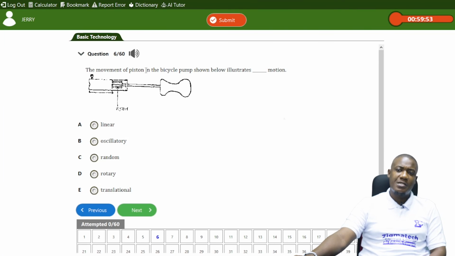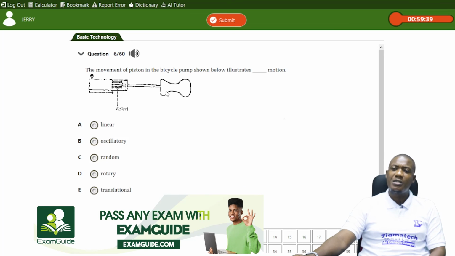The movement of the piston in the bicycle pump shown below illustrates dash motion. Of course, you understand what we're talking about. This is a bicycle pump, this is the barrel, this is the piston. The movement of the piston here indicates what kind of motion? Is it linear motion, oscillatory motion, random motion, rotary motion, translational motion?